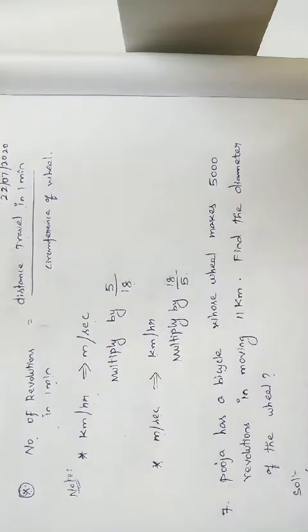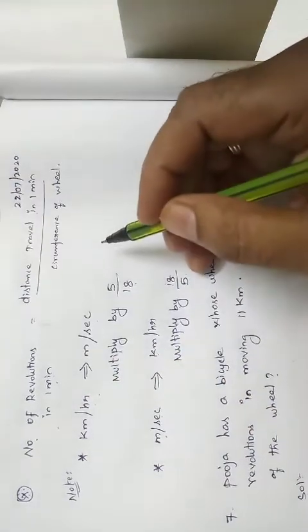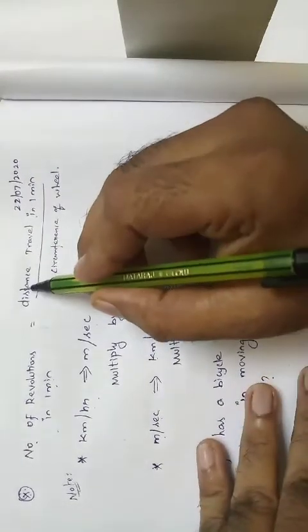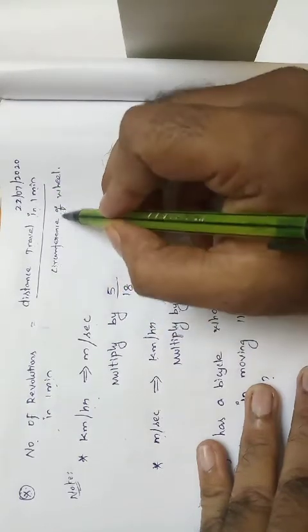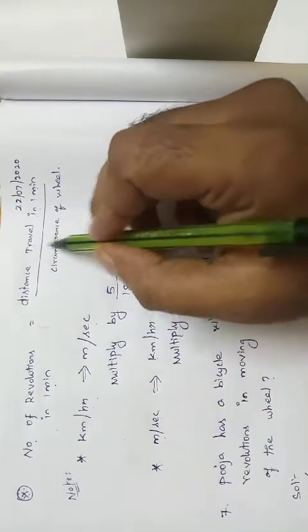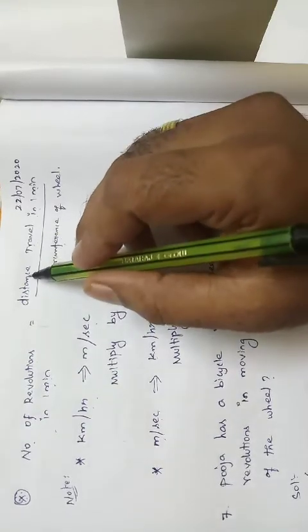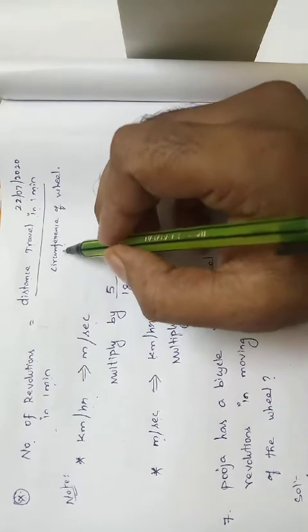While we are solving, keep one very important thing in your mind: the distance traveled in 1 minute and the circumference of the wheel should be in the same units. Like if I am taking the distance in meter, the circumference and radius should also be in meter.